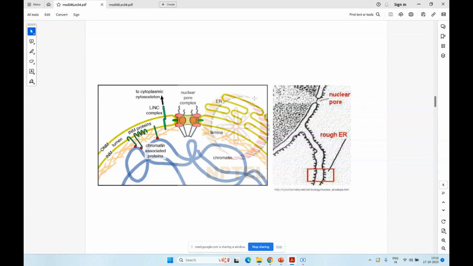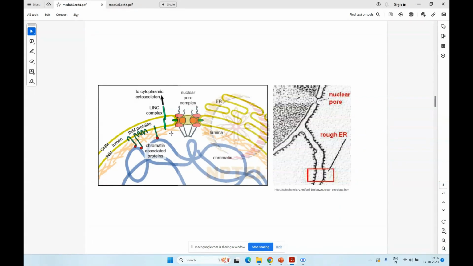As I said before, the nuclear envelope is a double membrane layer, and there are these holes that are peppered throughout the nuclear envelope, and these holes are called nuclear pore complex.